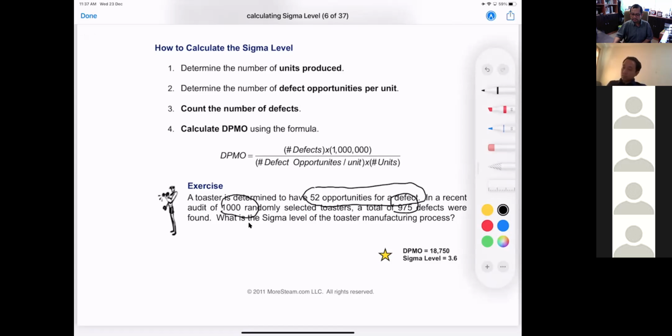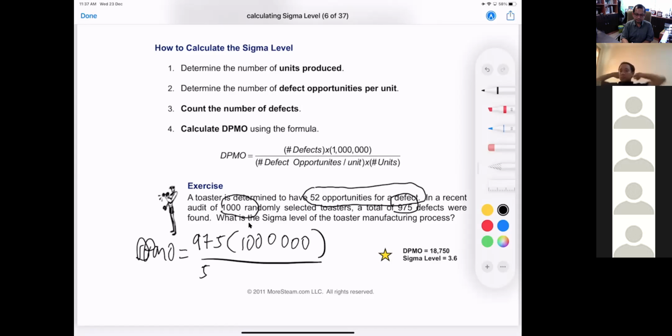So what is the sigma level? You try to calculate this. Defect, we have 975, times 1 million, divided by opportunity 52 times how many units? 1,000 units.